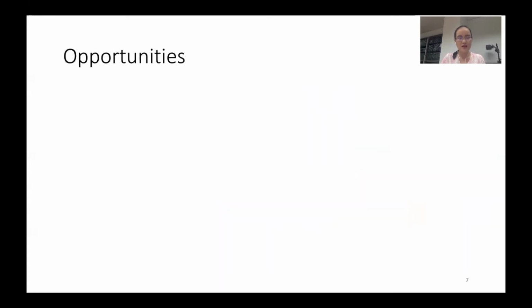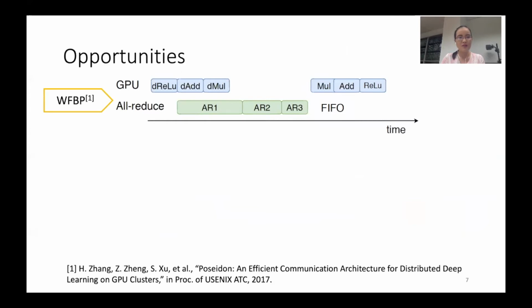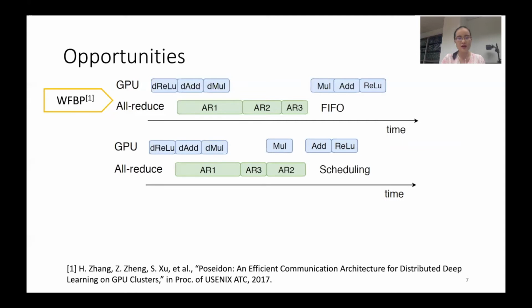In all-reduce tensor scheduling, one representative way is the wait-free backpropagation, which schedules the all-reduce tensors in a first-in, first-out order. However, if we change the order of these all-reduce tensors, the training time can be smaller.